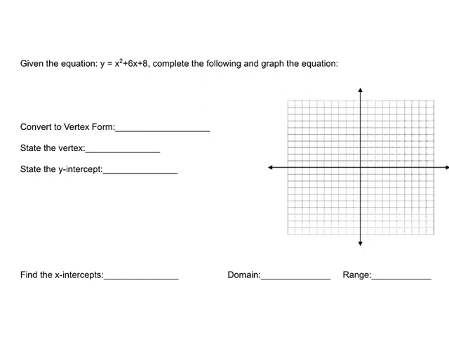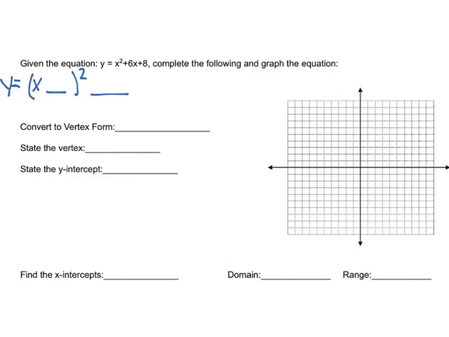So the first thing that we want to do is convert y equals x squared plus 6x plus 8 into vertex form. So if you remember, when we're converting to vertex form, we want to put it in this format. This is our vertex form format.